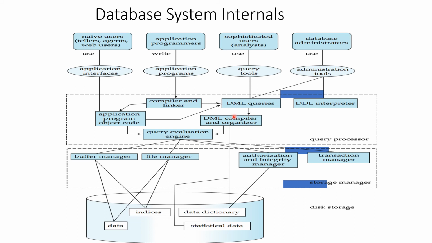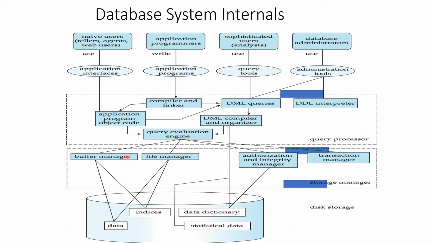Once again, we have a compiler and organizer for DML queries, and it also goes to the query evaluation engine. Then the data goes to four different stages. This particular portion is known as the query processor.